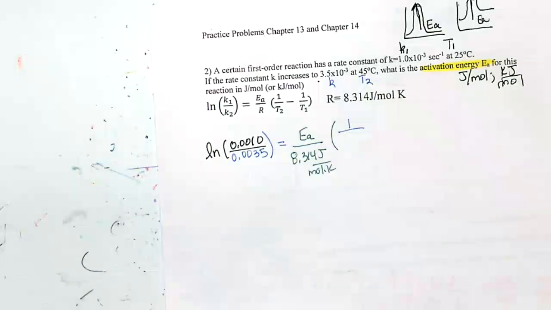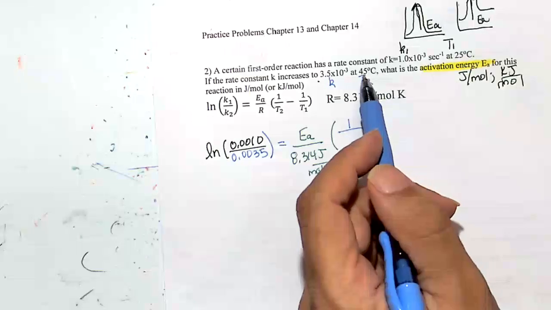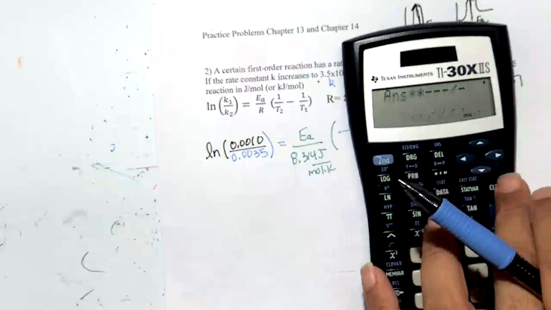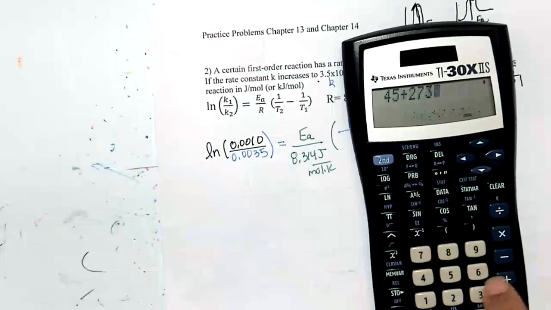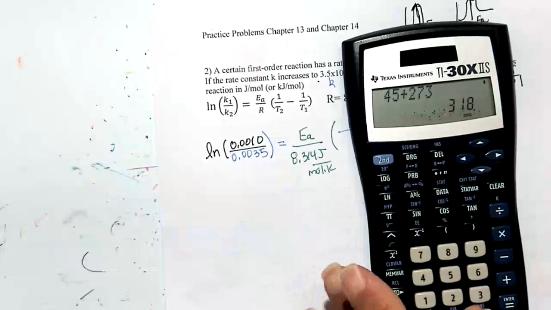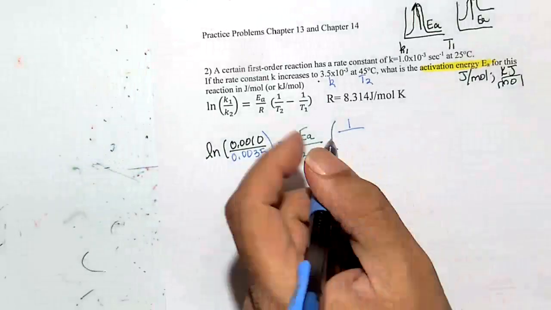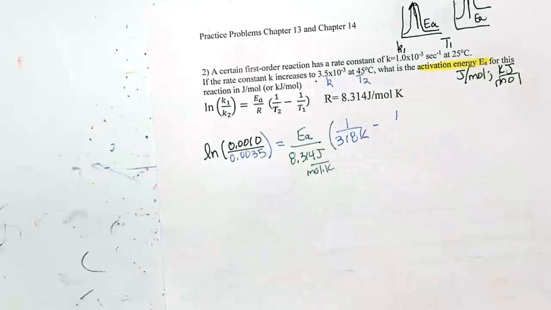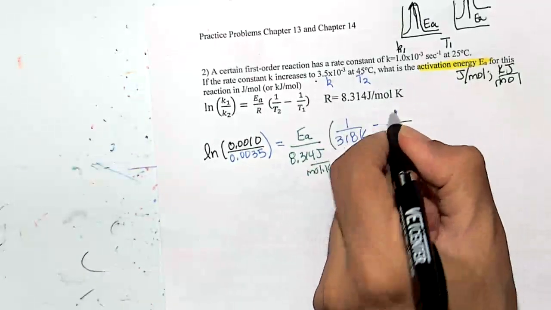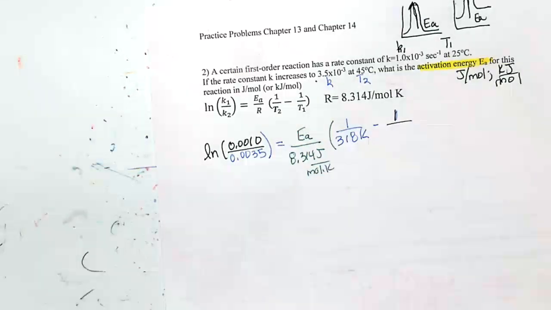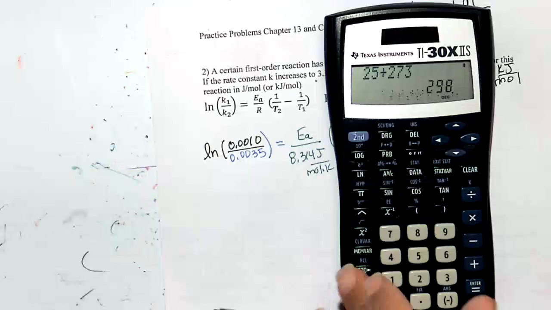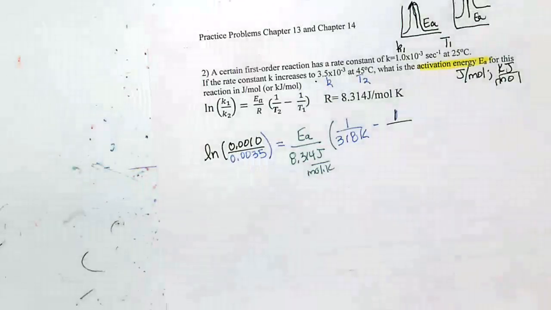I saw in the last exam, students were putting this still at 45 degrees C. So we want to convert it to Kelvin for this particular problem. 318 Kelvin, minus 1 over T1. What's T1? 25 plus 273. Okay, 298 Kelvin.